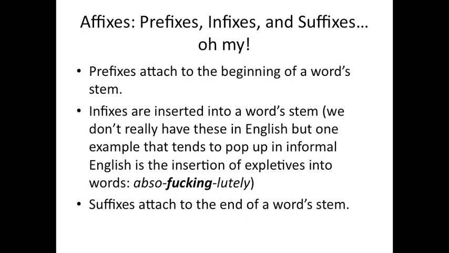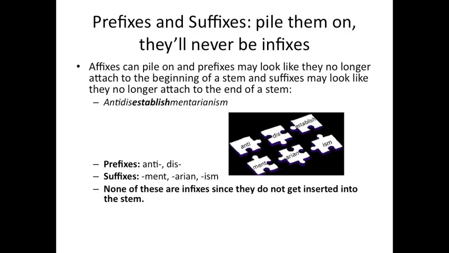So some of you got a little confused because prefixes and suffixes can pile on and attach to one another, but that doesn't change the fact that they're prefixes and suffixes. It might look like they're not at the very beginning or end of the word, but they're still attaching before or after the stem. One popular example is this long word that has a bunch of prefixes and suffixes, anti-disestablishmentarianism.